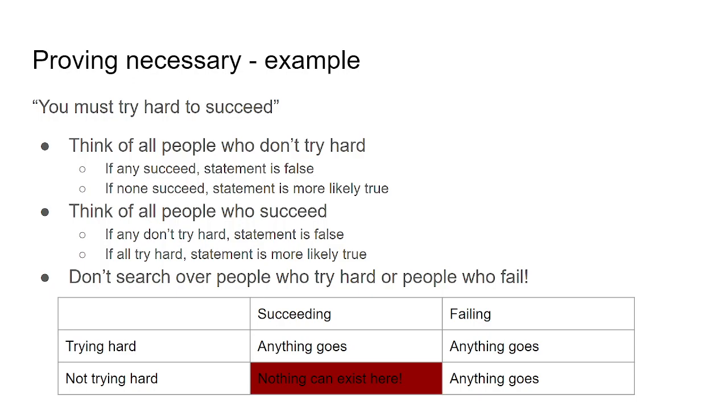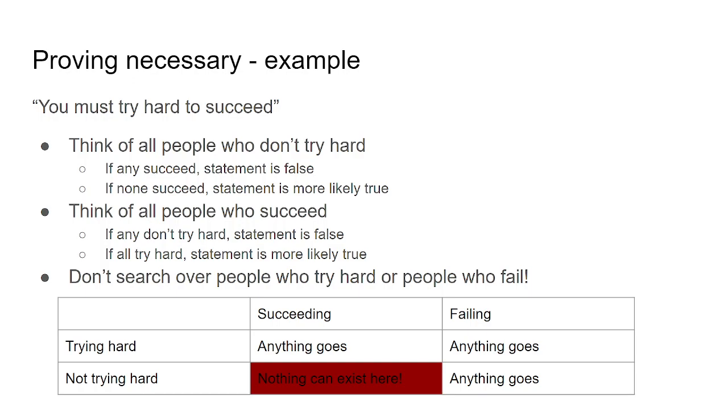So it supports the theory, but it's because you found people who didn't try hard and they failed. But if you're just searching people who you know failed already, no matter what the result is on whether or not they tried hard, it doesn't have any relevance. Knowing that people who failed didn't try hard does support the theory, because you have people who didn't try hard and they failed, not because you had people who failed and they didn't try hard.